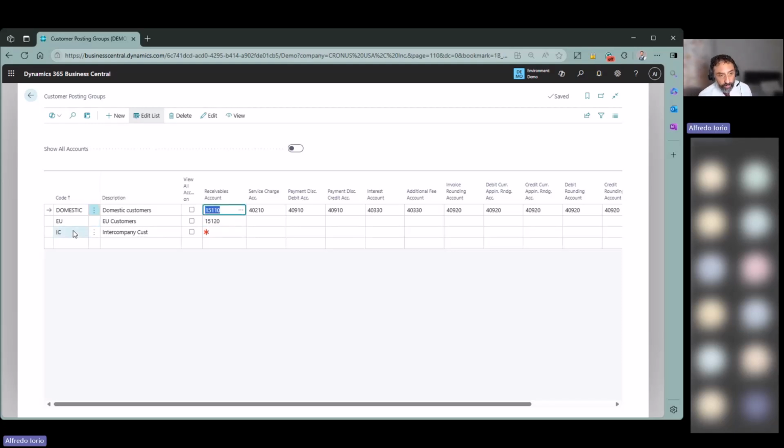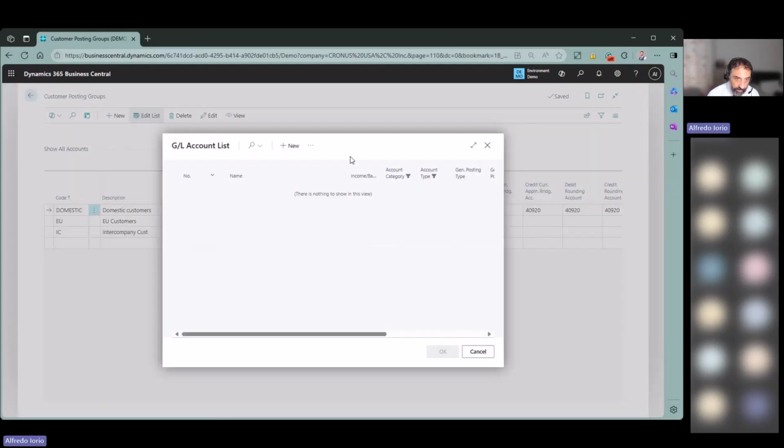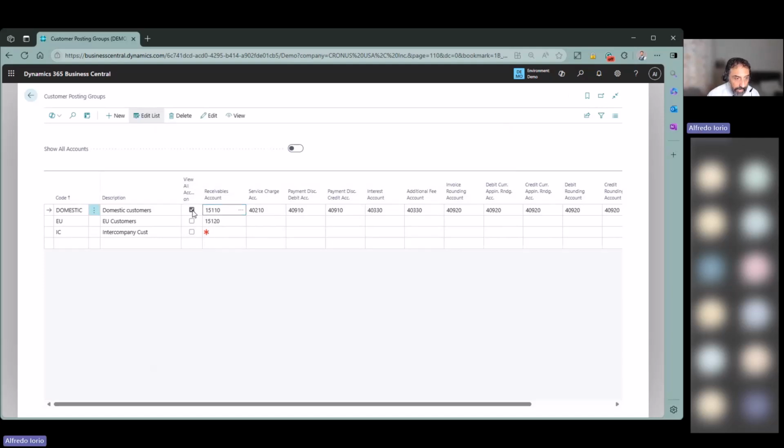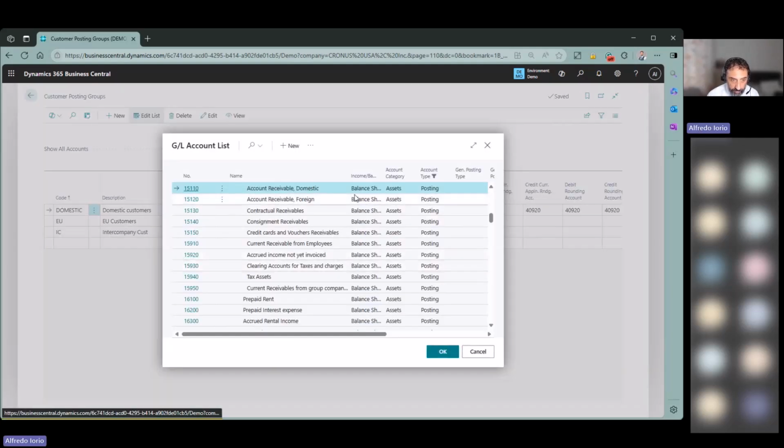So receivable accounts, again, accounts receivable, service charge, if we charge them, right? Payment discounts. In this case, you can see, except for this column, which is a balance sheet account, accounts receivable domestic, accounts receivable foreign. Again, I've never seen that.